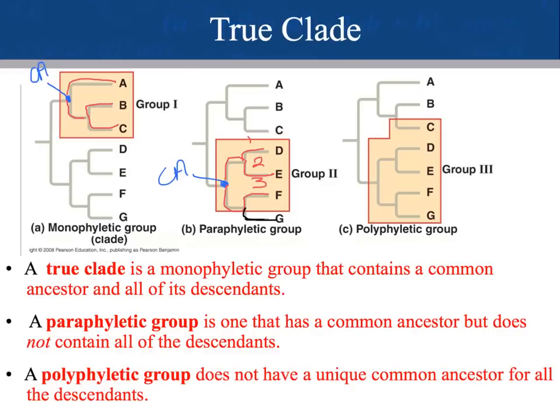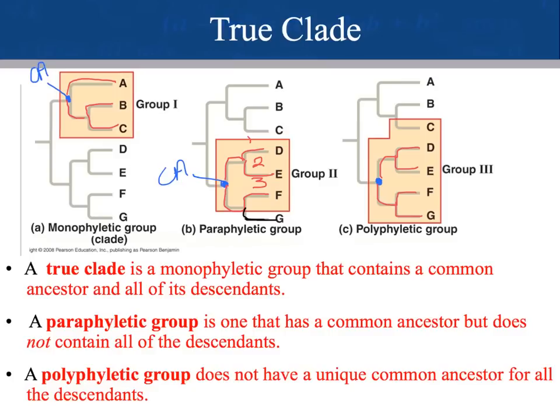The last one is called a polyphyletic group. In a polyphyletic group, all of the organisms do not have a unique common ancestor. So all the descendants didn't originate from the same common ancestor. So here's a common ancestor there, which is fine. But if you look, we split off into these 2 groups and then these 2 groups, which is also fine.